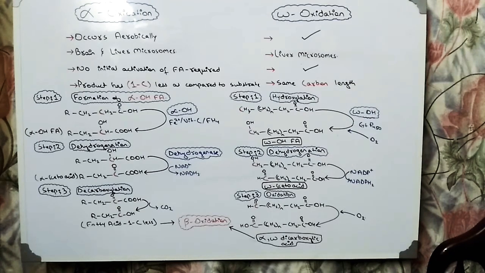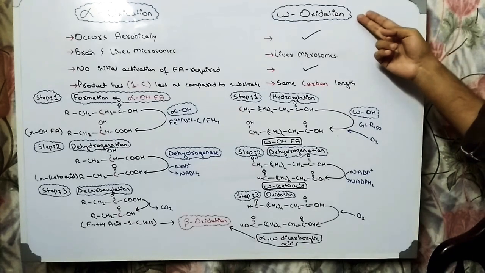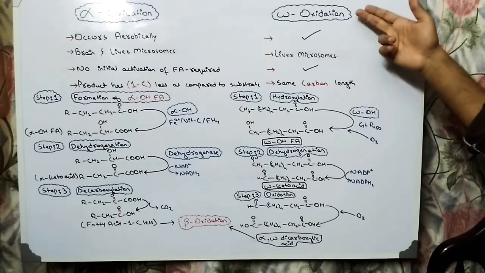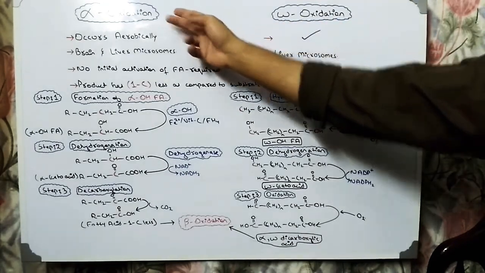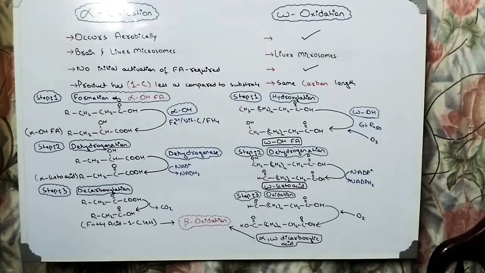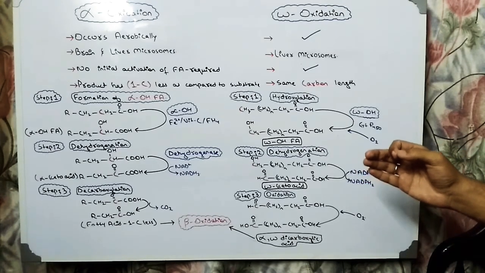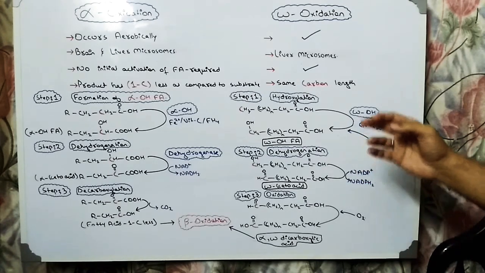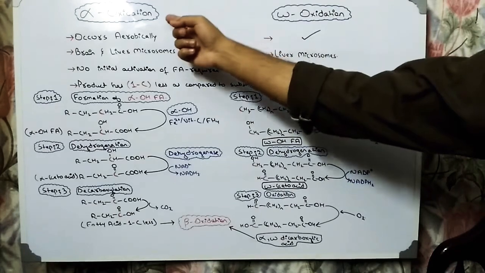When I was studying the whole chemistry of alpha and omega oxidation, I noticed that omega oxidation is energetically more profitable than alpha oxidation. Let us assume that an even carbon fatty acid enters both omega oxidation and alpha oxidation.